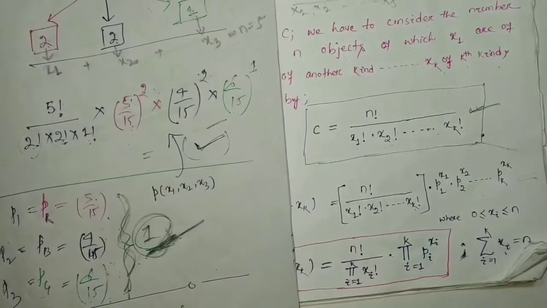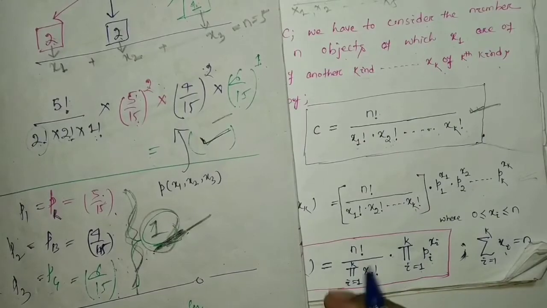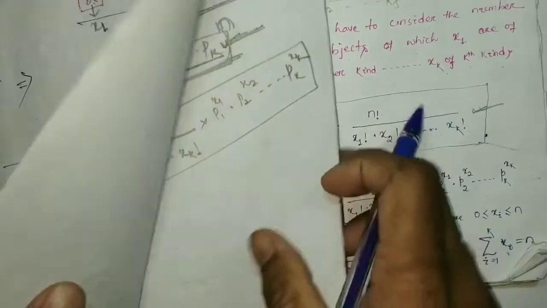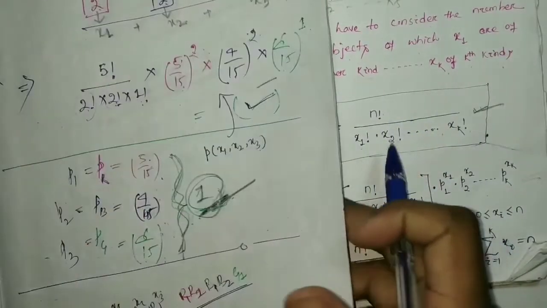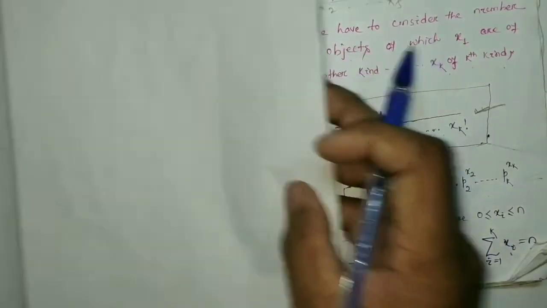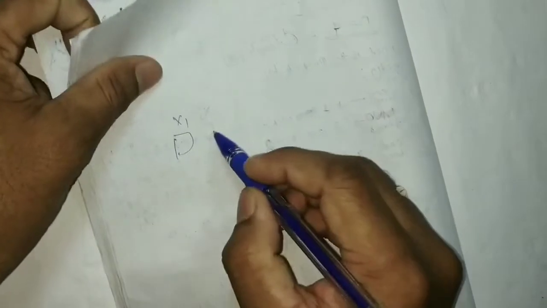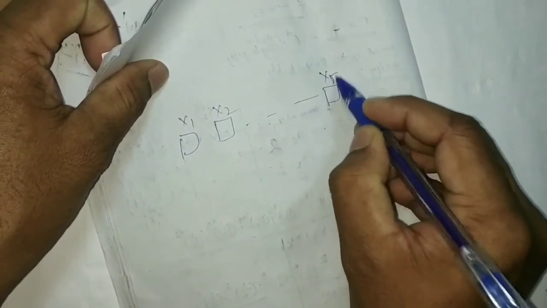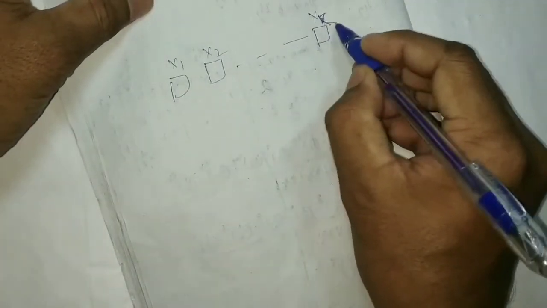Now we are going to consider up to 3. If it is k, that means if I consider another example, suppose k number of colors are there. This belongs to x1 one color, x2, up to xk number of colors. Different colors have different numbers of balls.